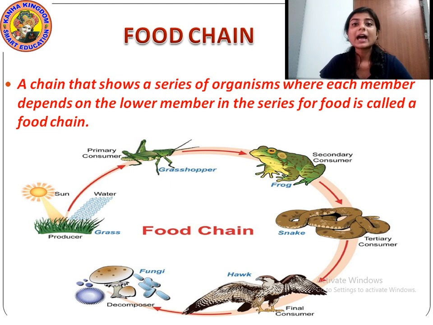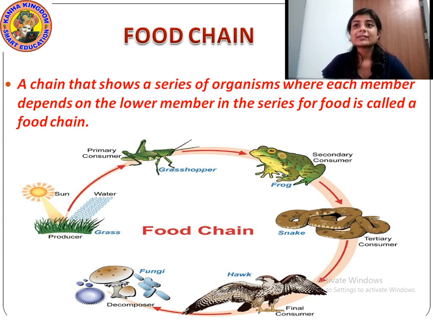Understood? The higher classes of animals eat the lower classes of animals, and plants are the primary producer of food, because plants produce food. There are producers, and a plant is known as producer. Then there is primary consumer. Primary consumer means the very small class of consumer, like insects, then some small animals.